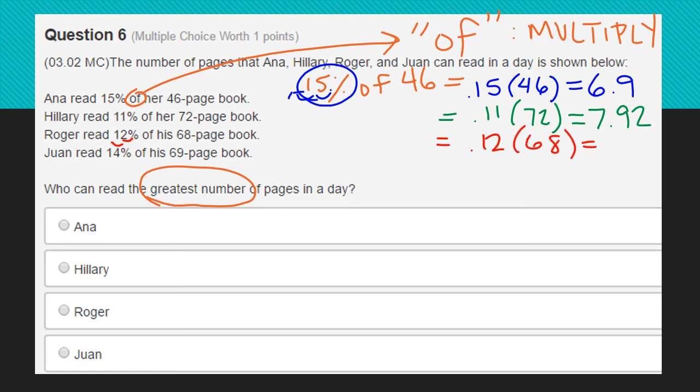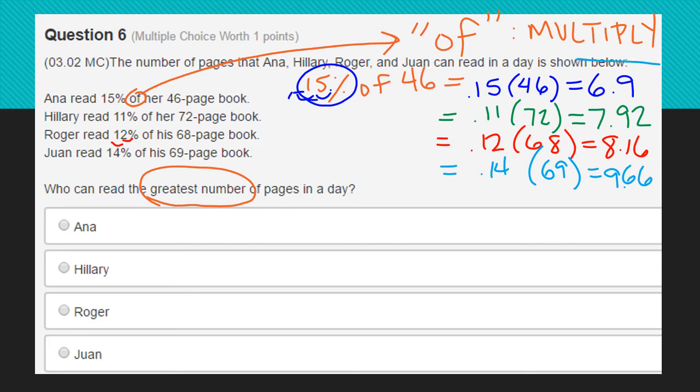So 0.12 times 68 gives us 8.16. Okay, Juan can read 14% of 69-page books. So we put 0.14 times 69. That gives us 9.66.